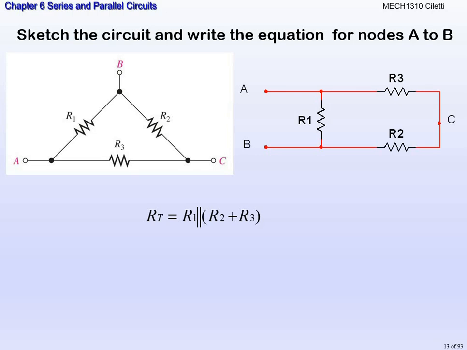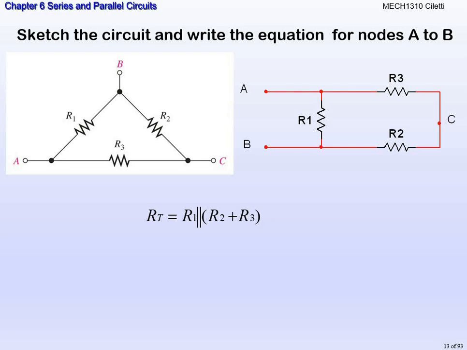What's across AB is resistor 1. Then, going from the left-hand side, between B and C is R2, and then between A and C is R3. Notice that in this scenario, R2 is in series with R3, and that series combination is in parallel with R1.